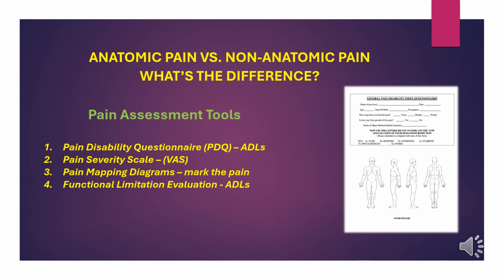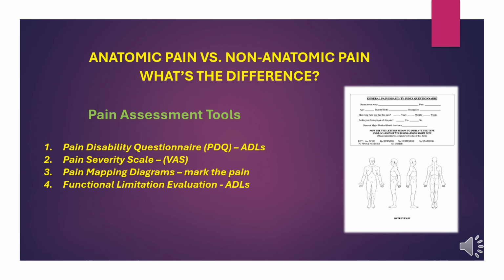We have a pain severity scale, also known as the Visual Analog Scale, or VAS, and it's used to rate the intensity of pain, typically from 0, no pain, to 10, unbearable, the worst pain possible. Another one is a pain mapping diagram. These diagrams allow the patients or the examinee to mark location and intensity of the pain on a visual representation of the human body.